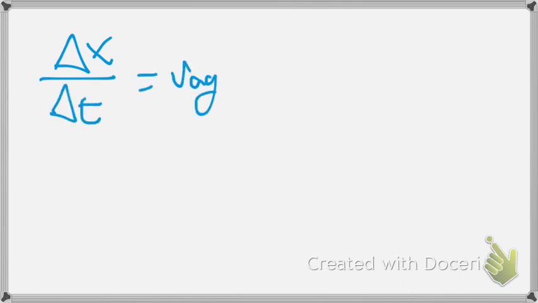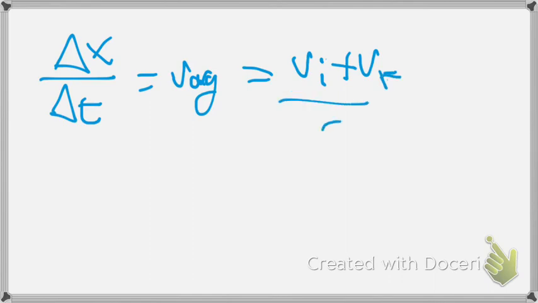If we set them equal, change in displacement over change in time, as we said, was equal to velocity average, which we also know is equal to velocity initial plus velocity final divided by 2. Or you can cut out the middleman and write it directly.